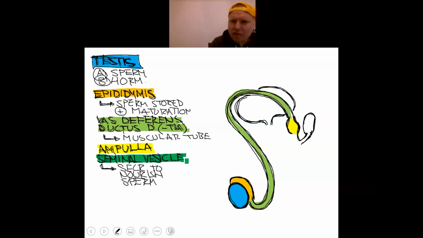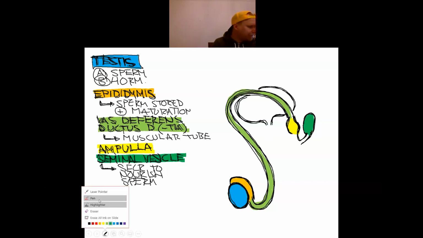So the secretions from the seminal vesicle contain a lot of fructose, other kinds of sugars that the sperm cells can then use to have that boost of energy to continue propelling their journey onwards within this male reproductive tract.